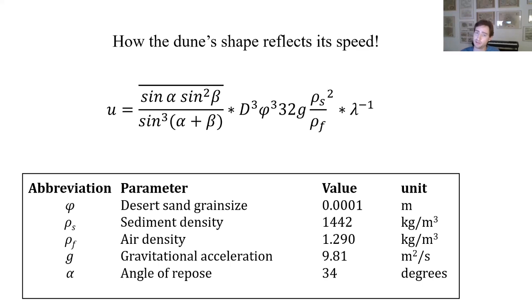So if you have all these values and you parameterize your value for d, this constant scaling parameter, then all you need is a measure of wavelength, which is all the way on the right of this equation, and a measure of beta, the angle of the windward side. Those two measurements are enough to tell you how fast the dune is moving.